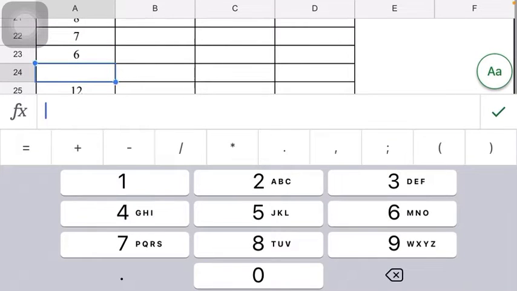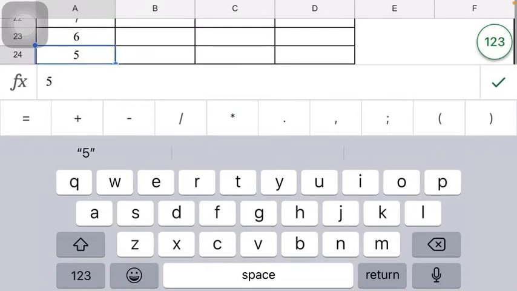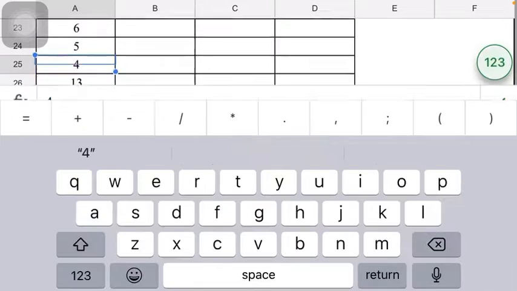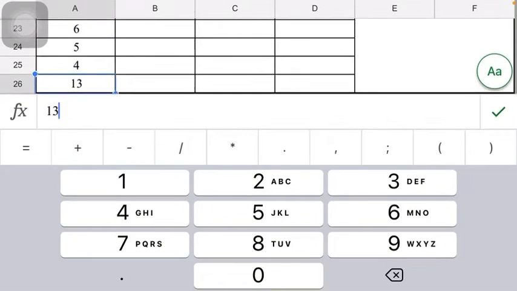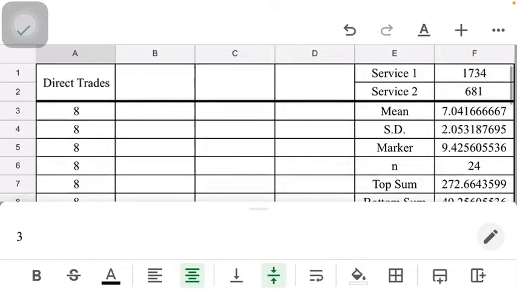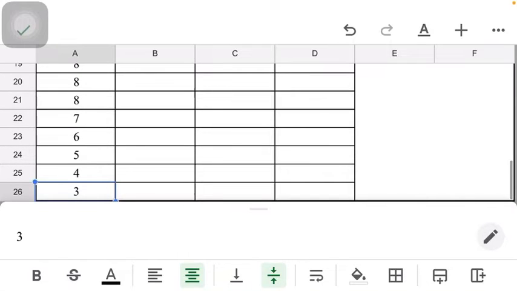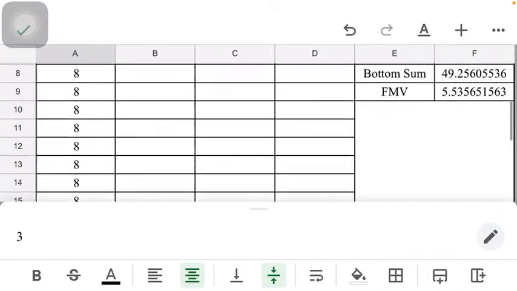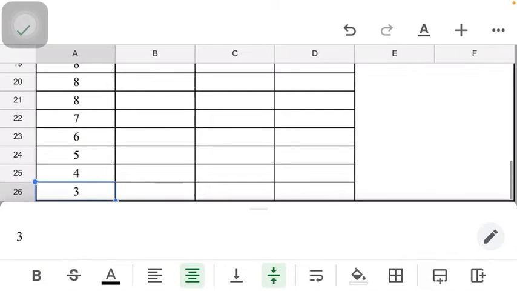So now we're just steadily declining instead of increasing, right? 4 and 3. And if you'll notice, the mean has declined, but it's still around 7. It's saying that this trade is still worth 7 overall. But the fair market value is saying the trade is worth around 5.5, which obviously looks a lot closer to what a current trade should be.